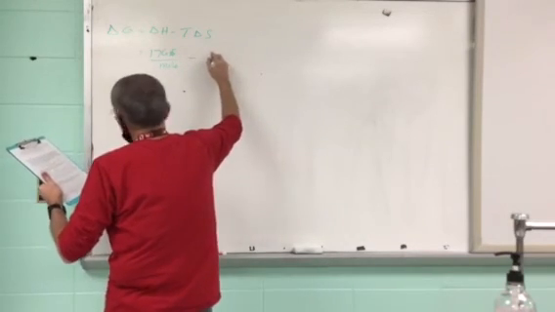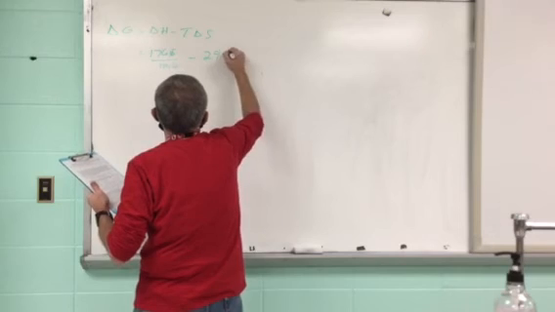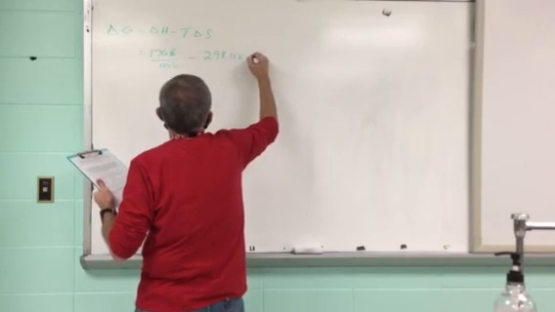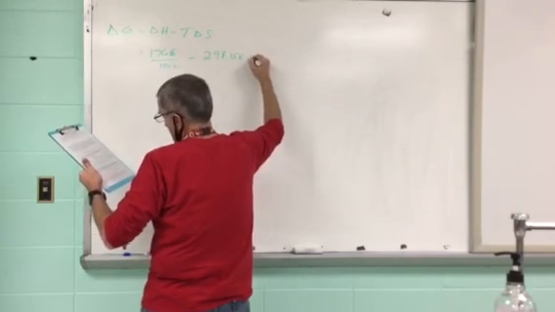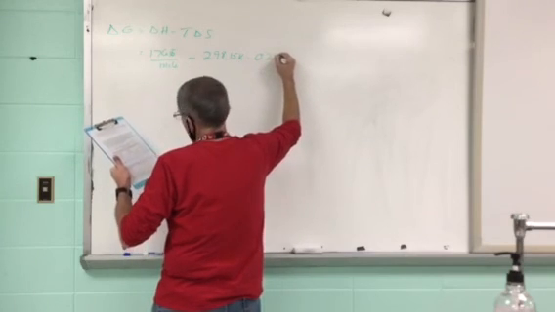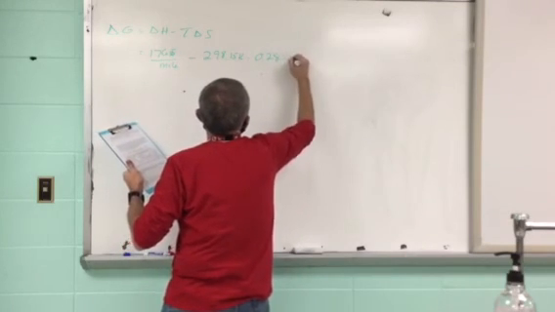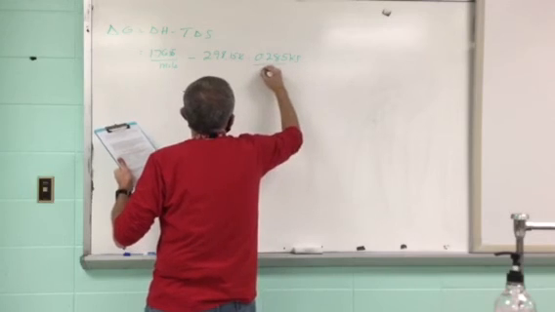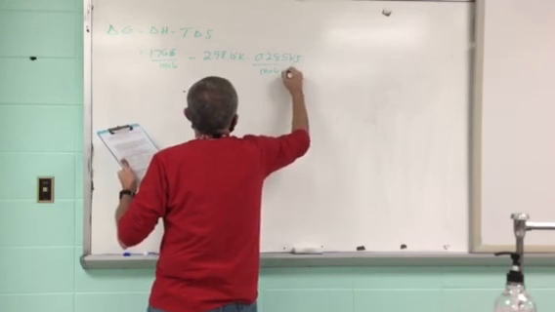The temperature is 298.15 Kelvin, and delta S is given as 0.285 kilojoules per mole Kelvin.